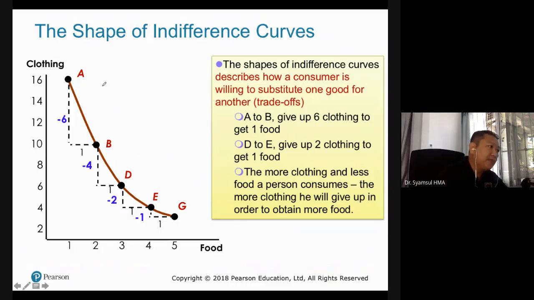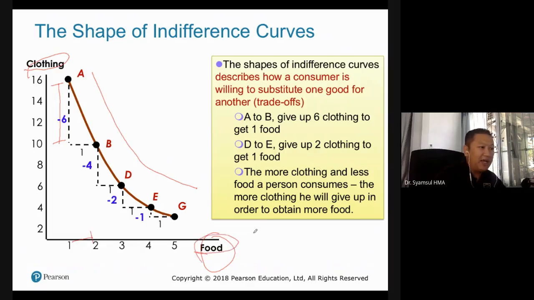Now, the shape of the indifference curve is what we call convex. This shape shows that someone is willing to trade off clothing for food. In this example, they are willing to let go of 6 units of clothes for 1 unit of food. Most of the time this is guys.